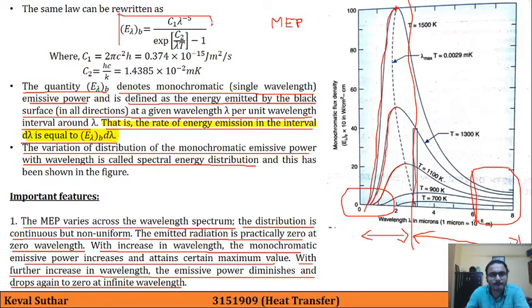Here, suppose lambda is very large, then if lambda is very small, then here we need to copy this first.